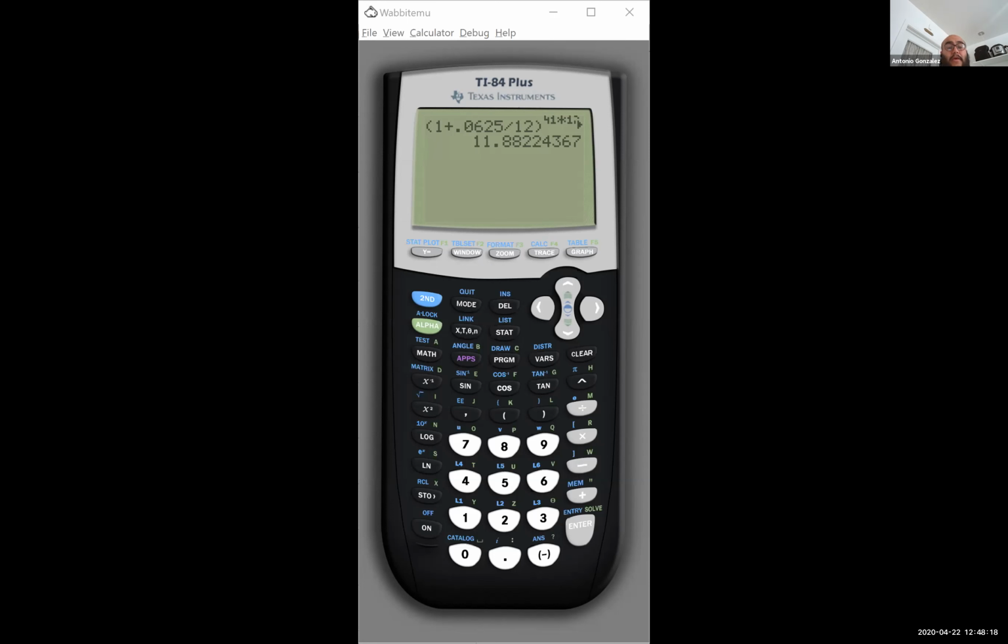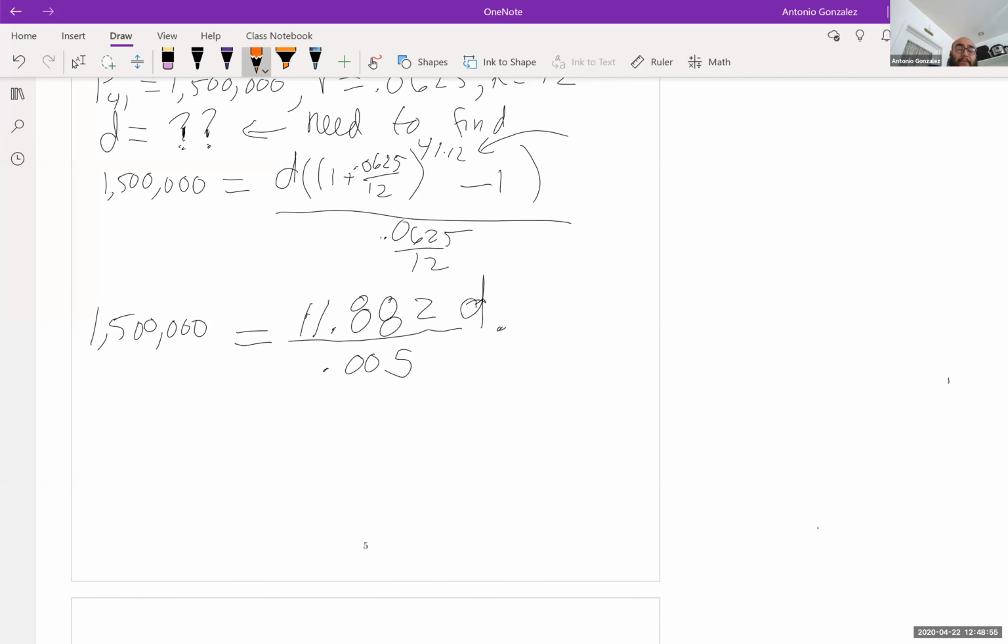Notice there's a little more work here, mainly because the formula isn't solved for the variable that we need. But after I get it here, it's just a little bit of algebra. How do I solve for D? If I'm dividing by this number, first multiply both sides of the equation by that number.